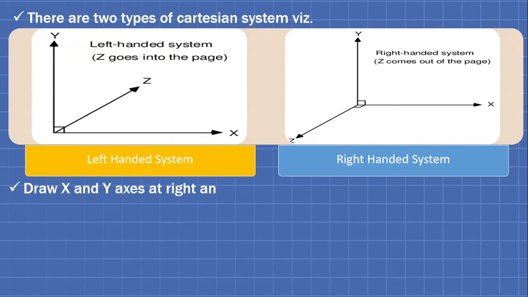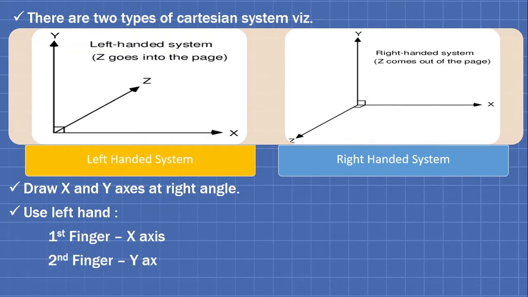For that, first we will draw the x and y axes at a right angle. Then we will use the left hand and indicate the index finger in the direction of the x-axis, and the middle finger of the left hand will be directed along the y-axis.